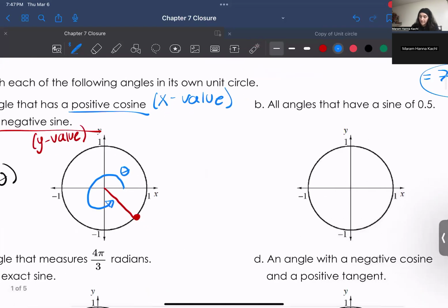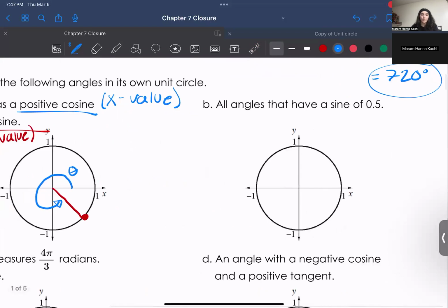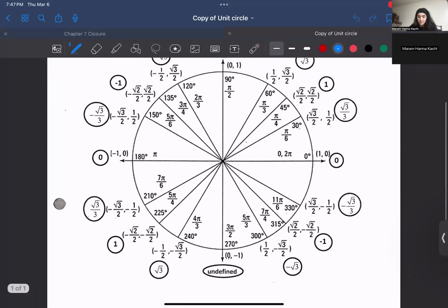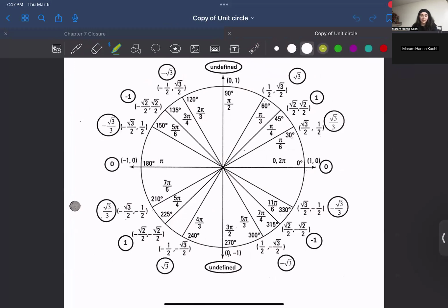Now, all the angles that have a sine of 0.5, that happens in a few spots. You'd have your unit circle. So I just want to point out again, sine relates to my y values. So on the unit circle, where do I have y values that are 1/2?